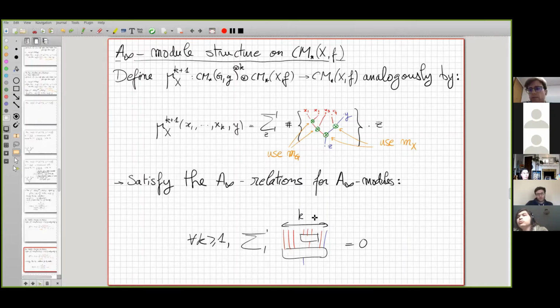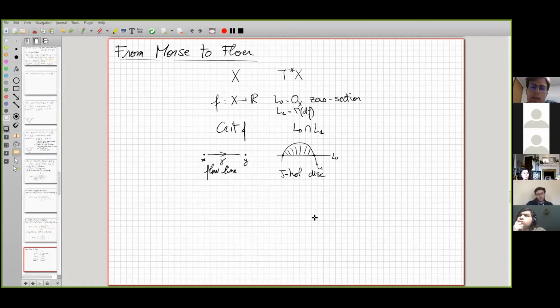Now we want to transpose this construction to Floer homology. In order to do that, we're just going to use the well-known dictionary between Morse homology and Floer homology. So this is how it works. If you have a smooth manifold X and you want to do Morse homology in X, that's the same as doing Lagrangian Floer homology in the cotangent bundle.